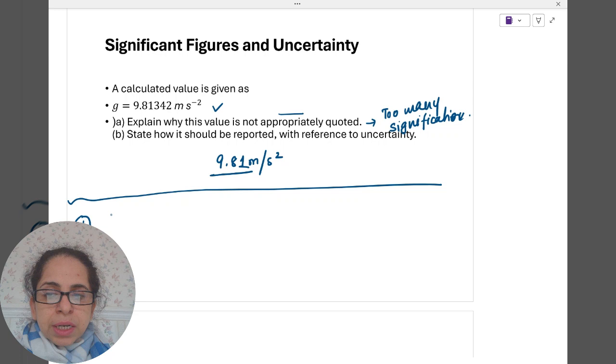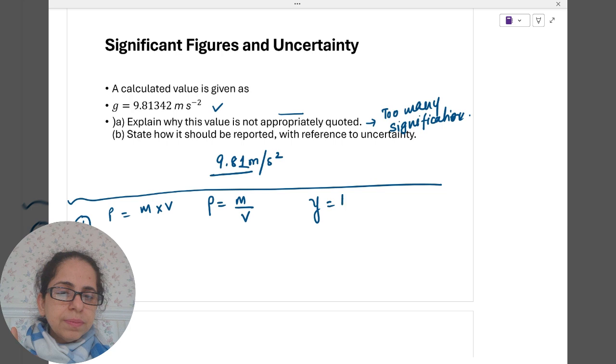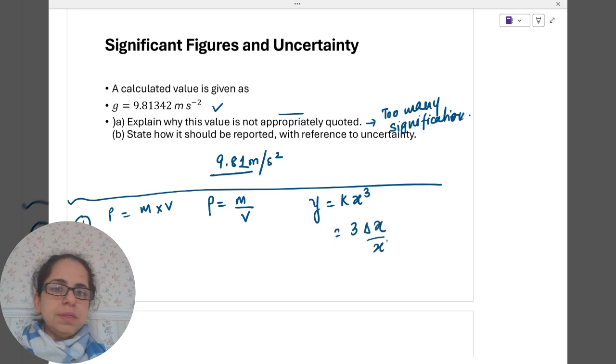If you're multiplying or dividing, you calculate percentage uncertainties and you always add them. If you have a power, the percentage uncertainty will always be multiplied by it. That's it. That's all. All right.